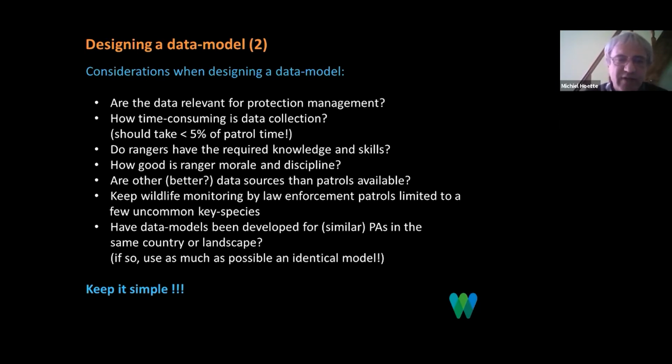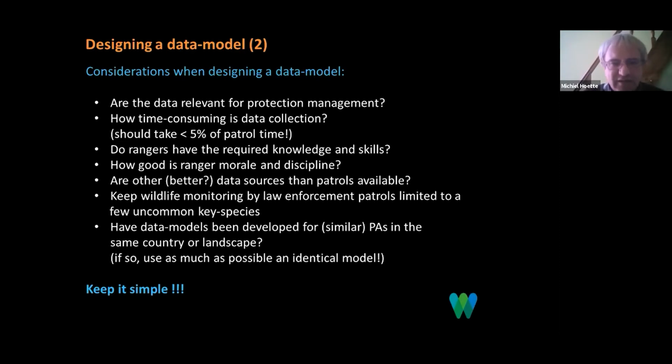If they happen regularly, that could be a good start. If you think that asking them to collect more will be problematic, and might result, over time, in the quality of data collapsing because rangers get tired of all the data collection they have to do, then in a situation like that, it's better to keep it really simple.